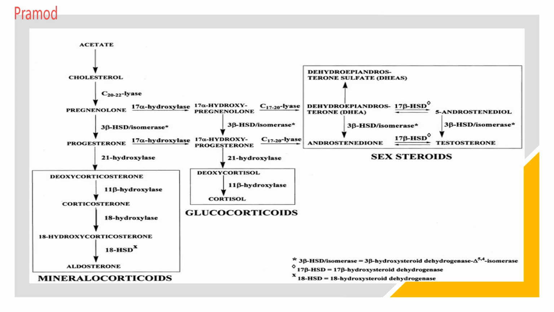Next is 11 beta hydroxylase. It introduces your hydroxyl group at the 11th position, and you get corticosterone.